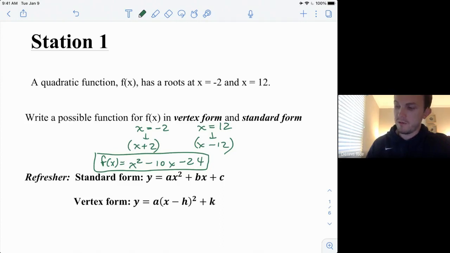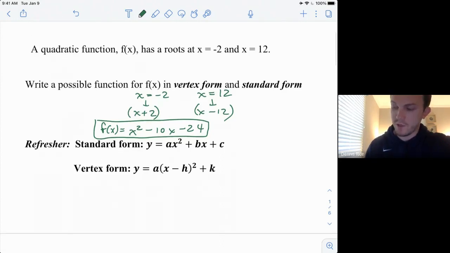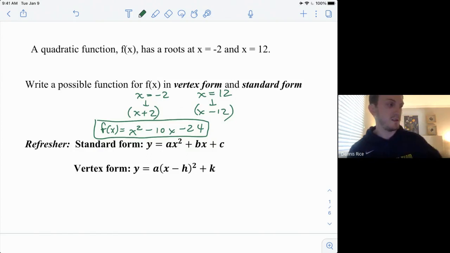Okay. Now what can we do to write it in vertex form? We could do completing the square to actually do the vertex process, or we could cheat a little bit. We could simply just find the vertex. This one should have a nice vertex. Let's type it into our calculator, just to save time, right? Let's say you want to be efficient.